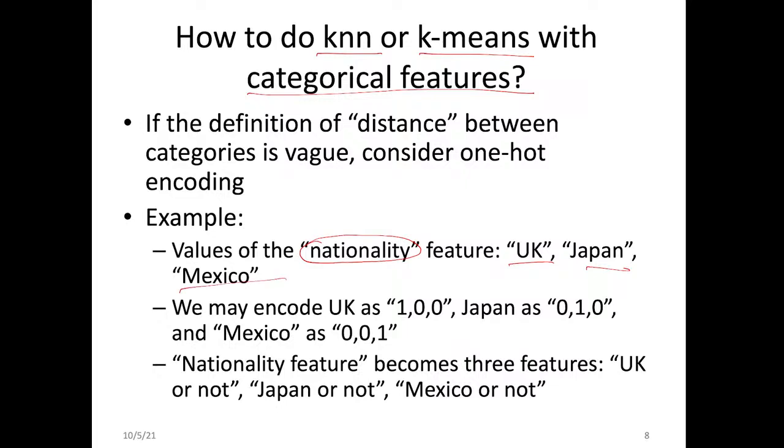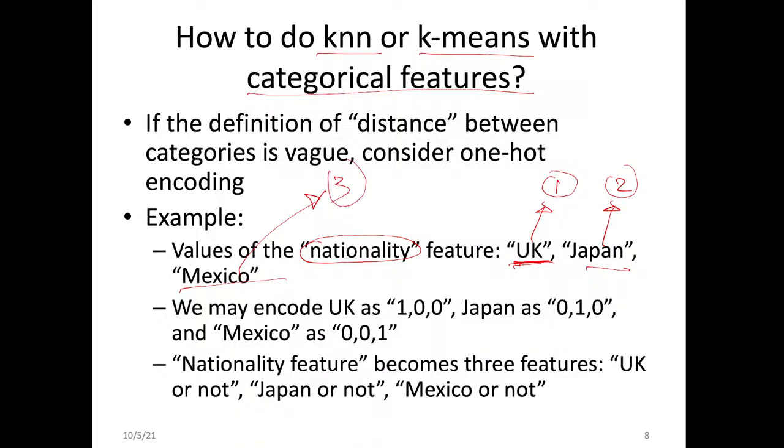If you encode UK as 1, Japan as 2, and Mexico as 3, for example, this might be one way to convert the categorical feature into numbers.